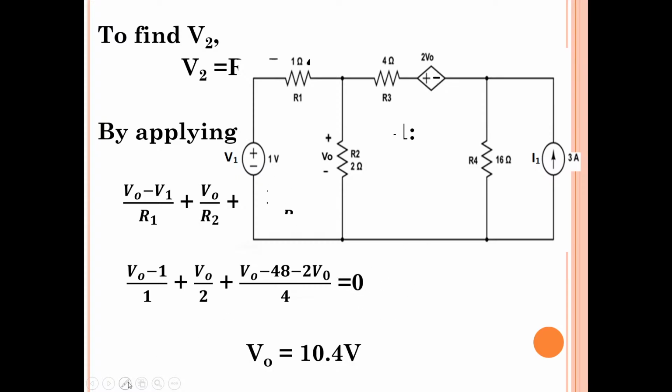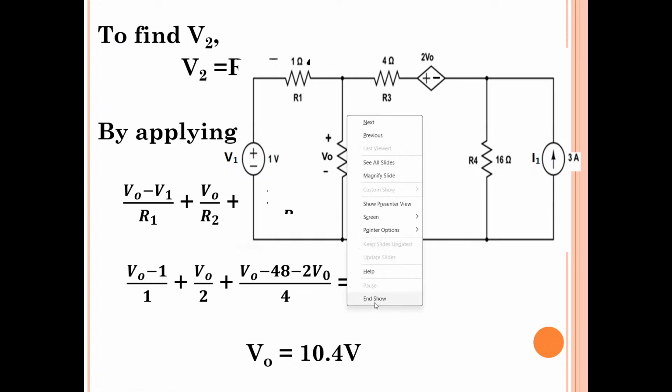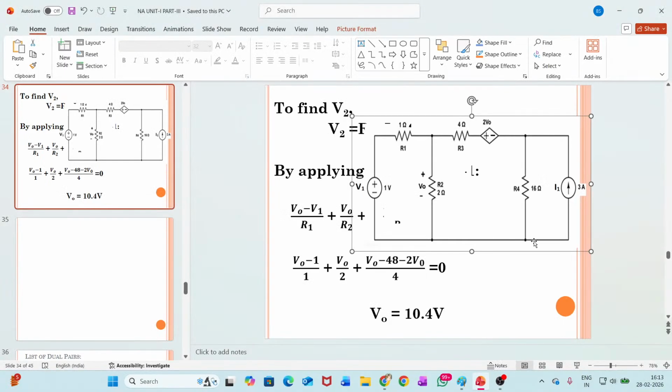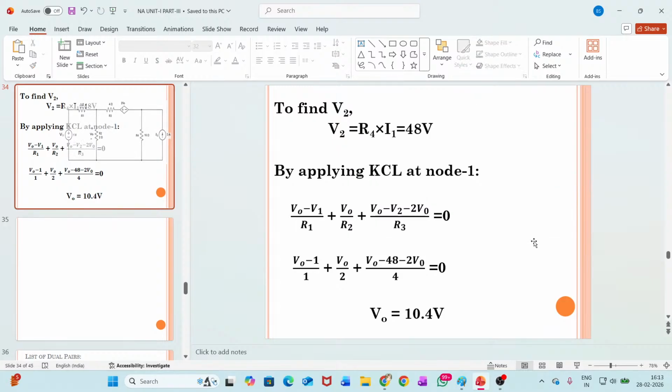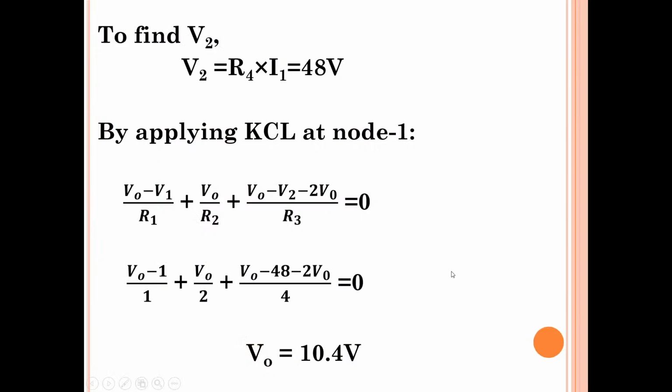Substitute all the terms and determine V0, the voltage across R2. After substituting and simplifying, you will get V0 equal to 10.4 volts.